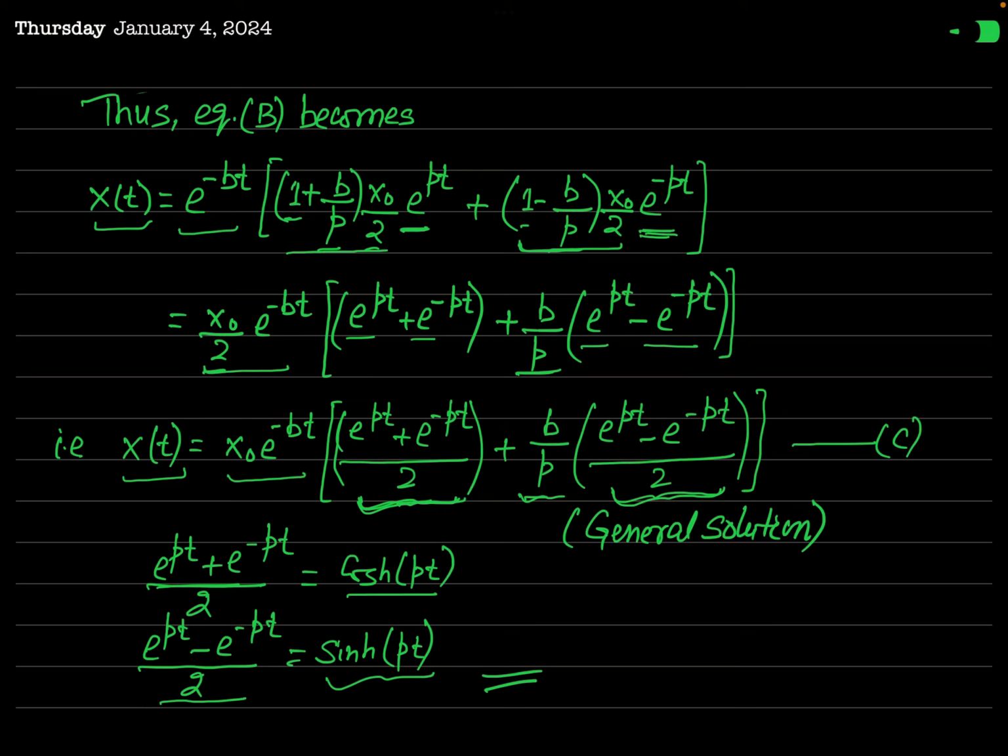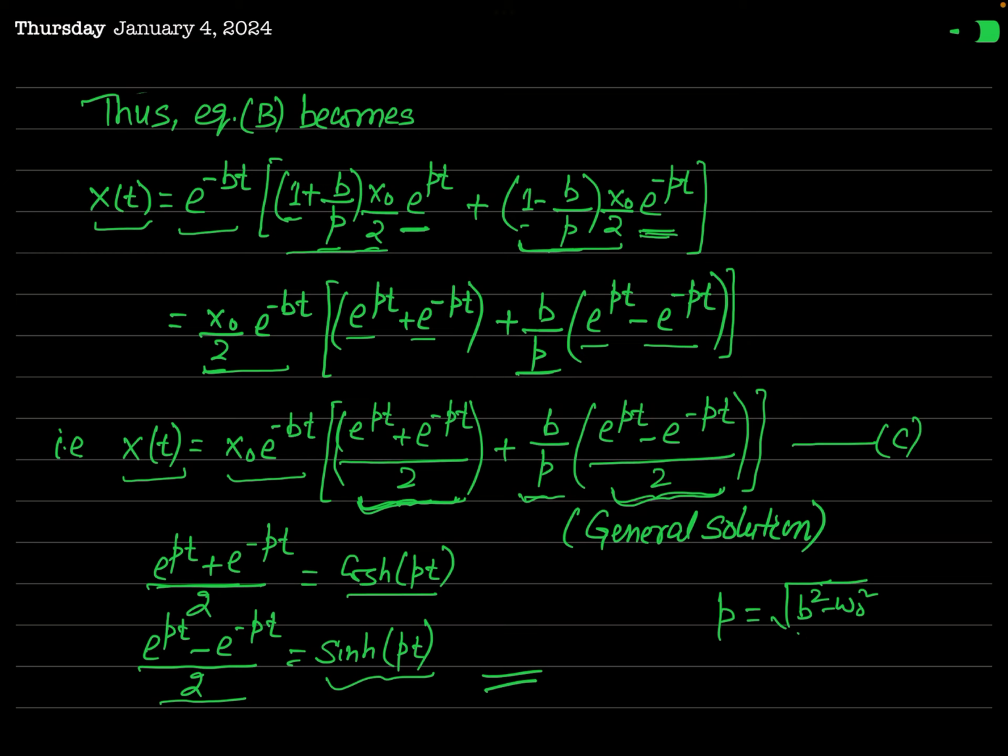Okay. So this is the last equation which we have obtained in this lecture, and this is actually called the general solution of the differential equation of the damped harmonic oscillator. Actually, the nature of this solution will depend on the value of p. You have seen earlier that p is the square root of b square minus omega naught square.